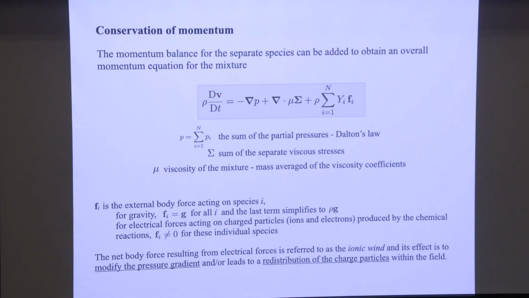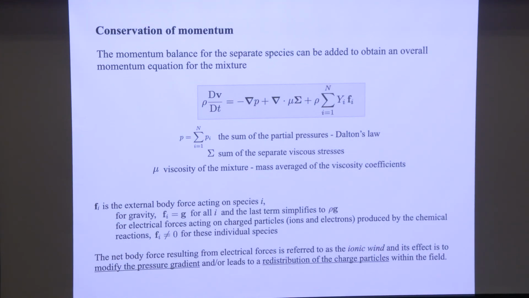And what you get is something very similar to what you have for a pure substance, which is, again, mass times acceleration, the pressure term, the viscous term, or the viscous stresses, and here is the body force.